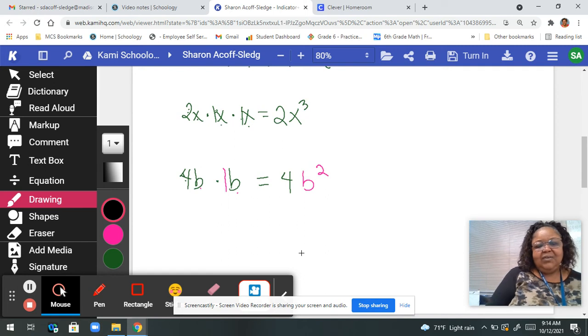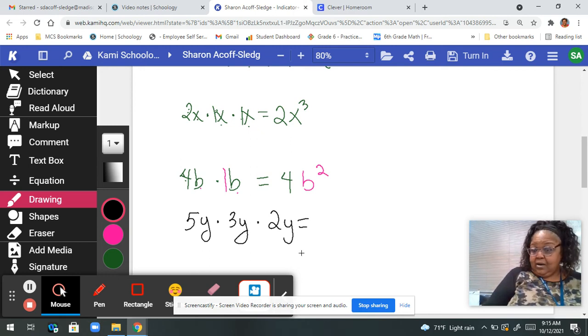Still feel a little confusion. So let's try it again. 5y times 3y times 2y. And the reason I did this, I'm putting numbers in front of each variable so you won't be confused by that. So first we multiply our coefficients.